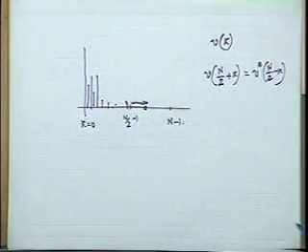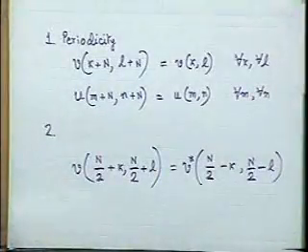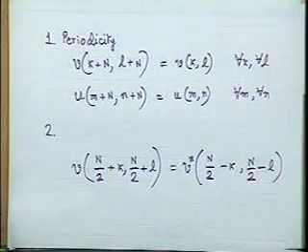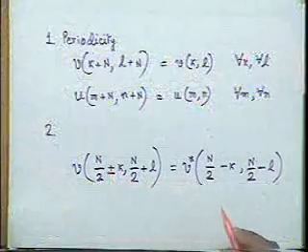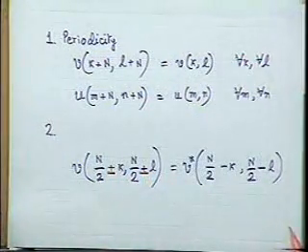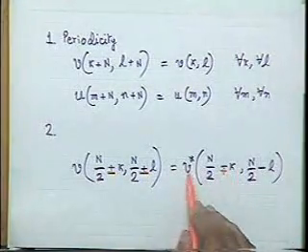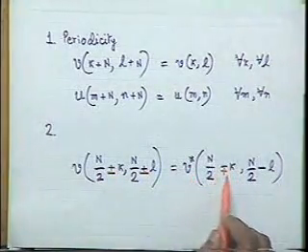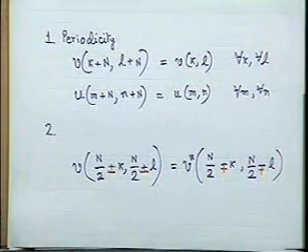Very similarly, if I had taken N by 2 minus k and N by 2 minus l, I would have got that to be equal to V star of N by 2 plus k, N by 2 plus l.